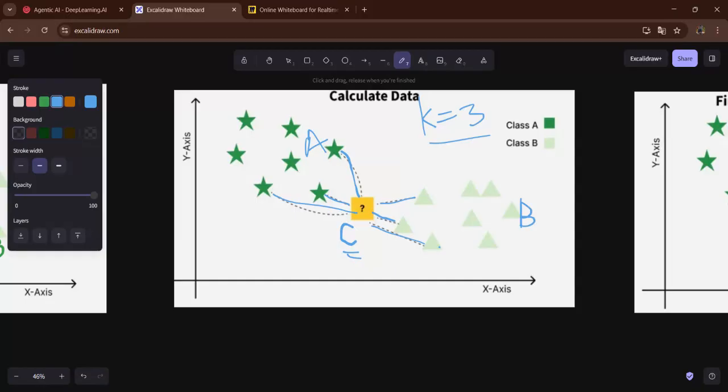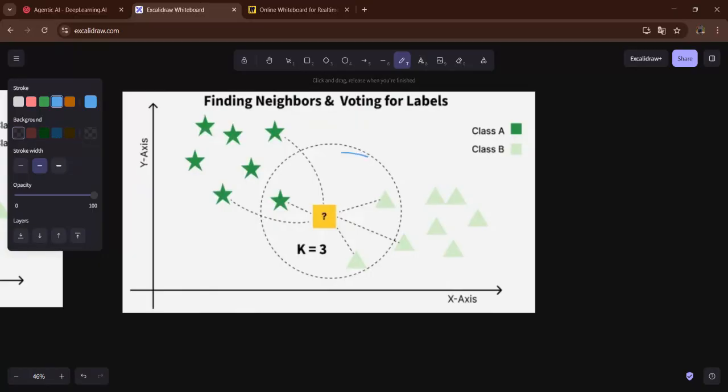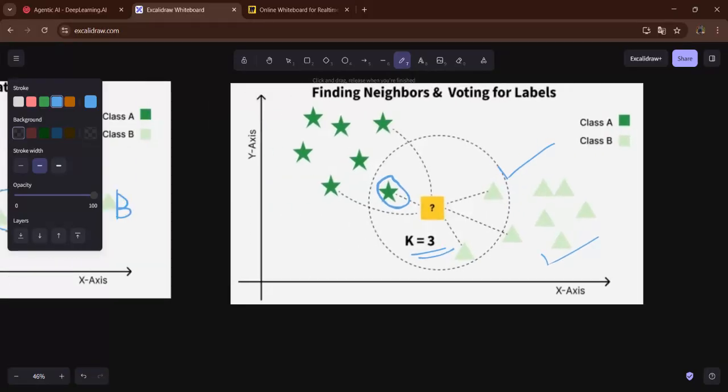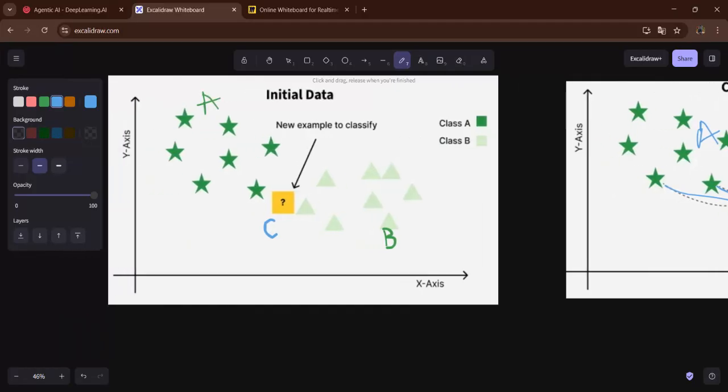Here you can clearly analyze in which class there is a maximum number of neighbors. By drawing this circle, you can see that the maximum neighbors of data point C are from class B, and only one is a neighbor from the other class. So the data point C should be a member of class B. I hope you got a better idea of how the data point is going to be classified.